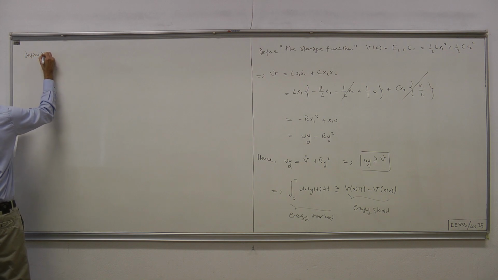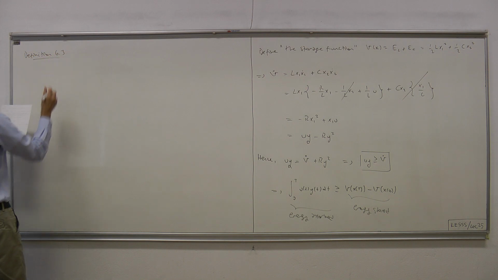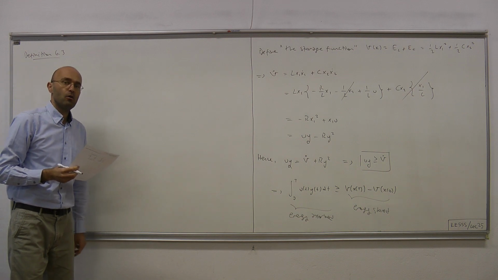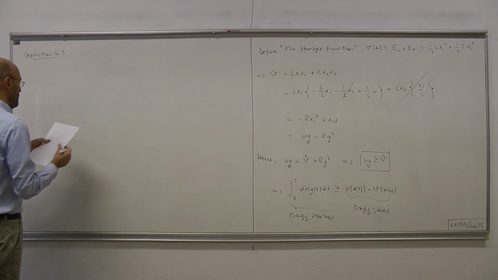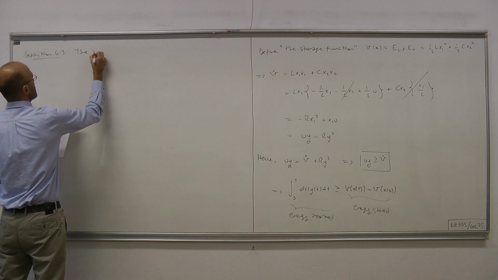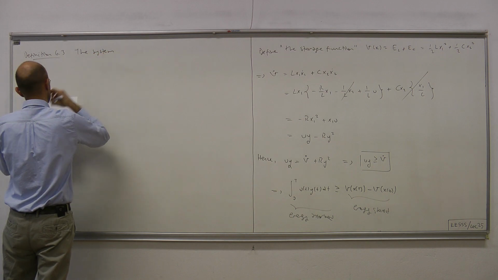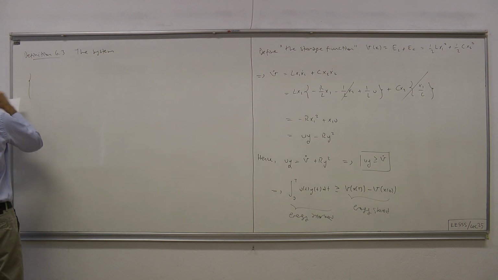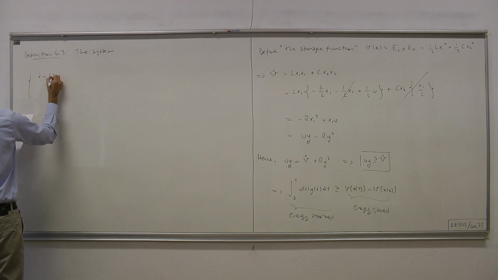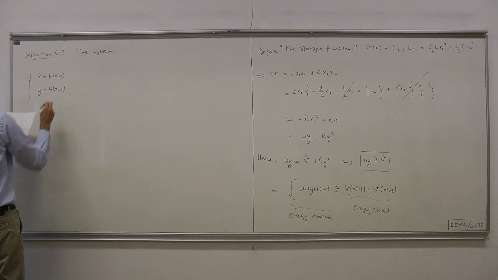Here is a formal definition that we will be working with henceforth. The system x dot equals f of x, u and y equals h of x, u.